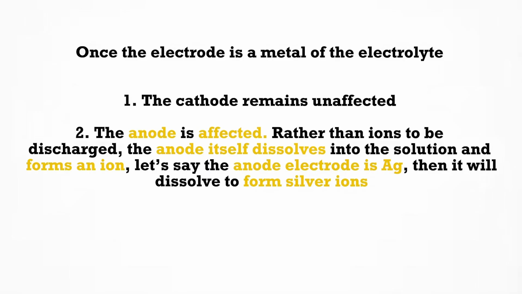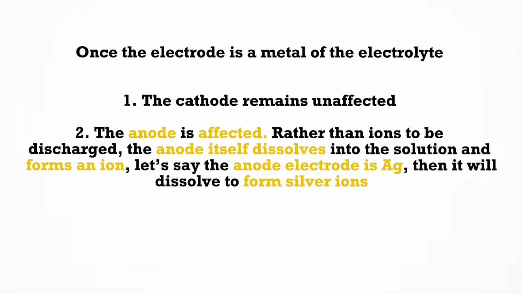So once you see a question involving a metal used, which is not an inert electrode like platinum, carbon, and graphite, your cathode has no problem. Your cathode is going to follow the position of ions in the electrochemical series. But at the anode, the silver electrode itself will dissolve.